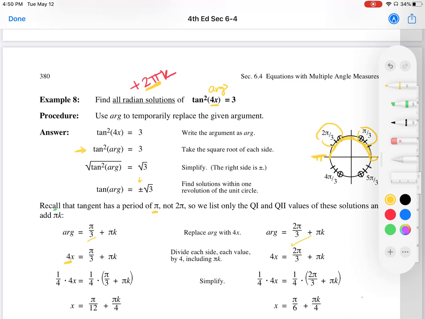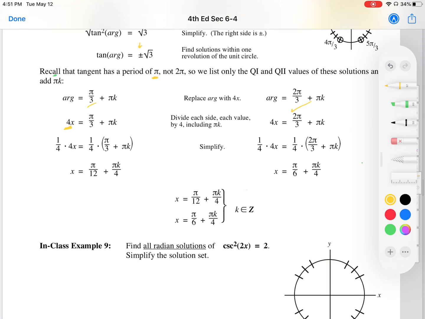So then we need to divide by 4. Once we divide by 4, we divide each one, or multiply by 1/4 and get your answers.